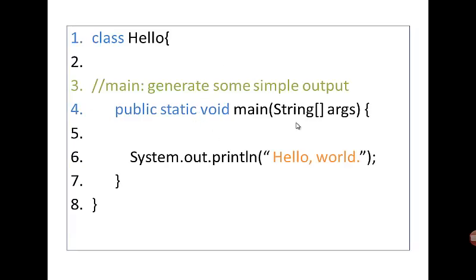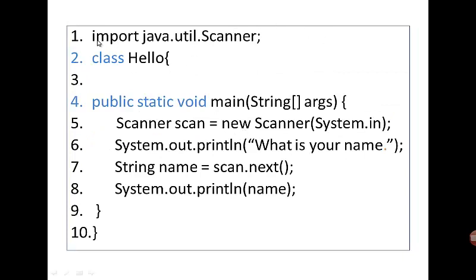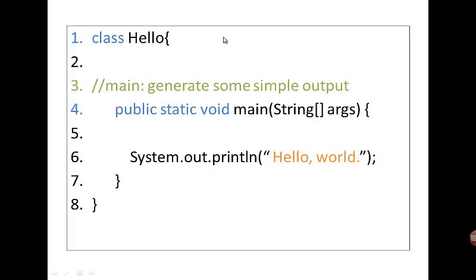One thing here, I just need to make sure you saw this. Here we did use the import statement, import java.util.Scanner, to be able to do this. Without that, we would get an error. So let's just look at the program as it was before. I want you to notice that we did not use an import statement because we were just doing some simple commands, just printing to the screen.